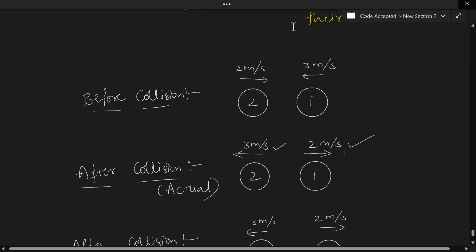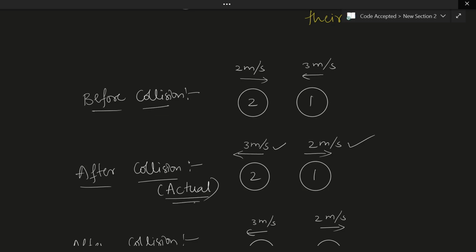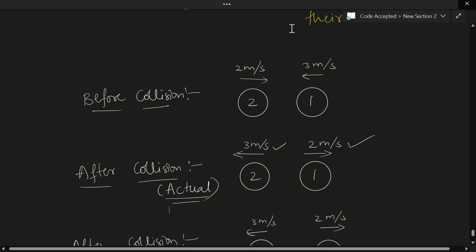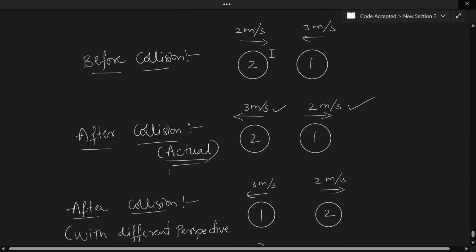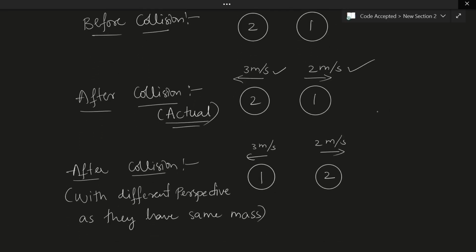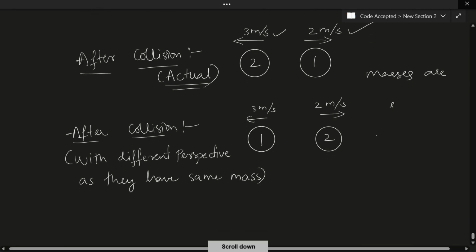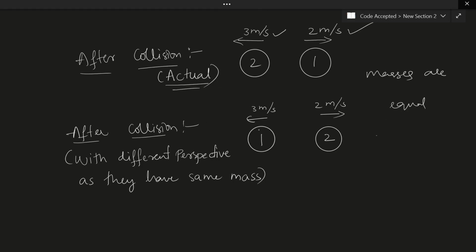Now this is how they look actually, but I am going to visualize this in a completely different way so that the problem gets simpler for us to solve. As their masses are equal, after collision I am just considering that ball 1 has crossed ball 2 and ball 2 has crossed ball 1.